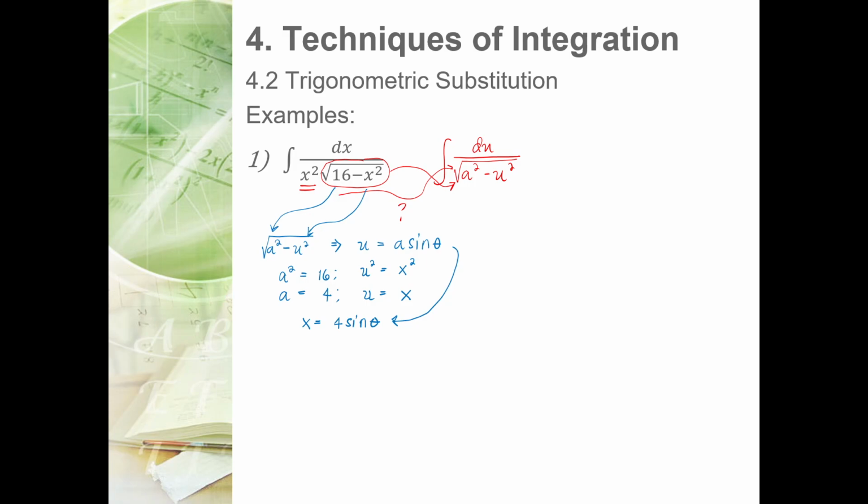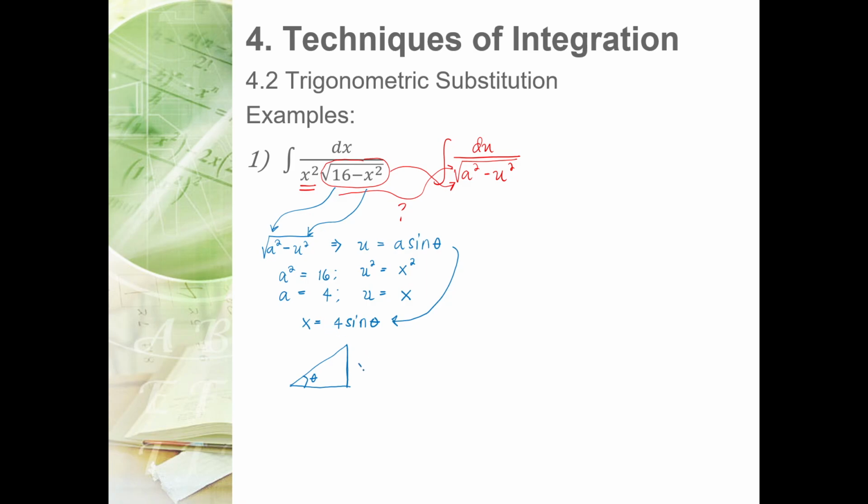the next step is we're going to draw a right triangle first. Then we're going to assign the different sides of the sine function. So this one is theta. If we rearrange the formula, sine theta is equal to x all over 4.